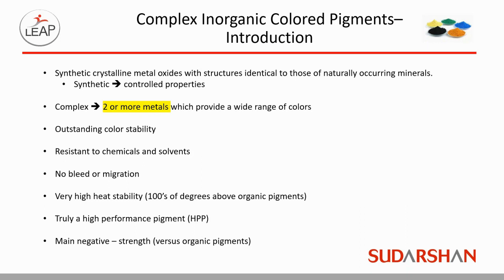And because they're synthetic, all of the properties that they come with are tightly controlled versus mining the natural inorganic pigments. They are complex because there are at least 2 or more metals which provide the range of colors.